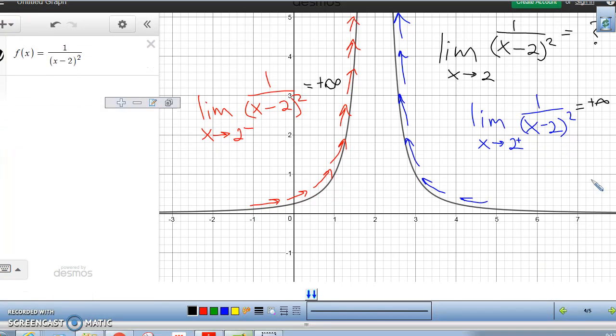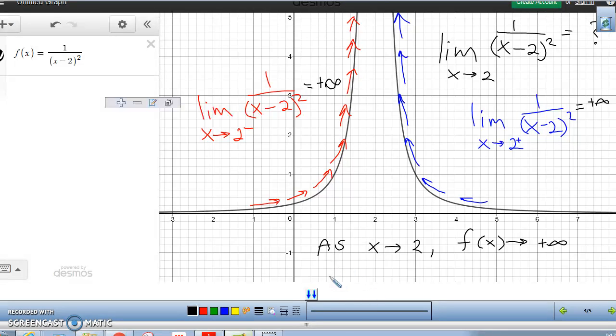So, therefore, we say that as x approaches 2, f of x goes to infinity, or approaches positive infinity. Okay?